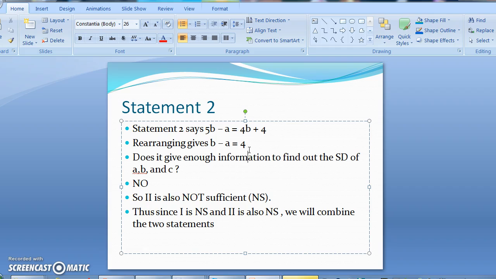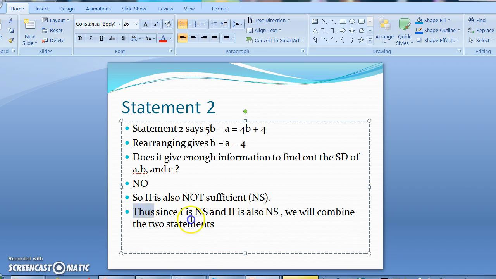But again, this statement 2 alone does not give us any information about how c is placed with respect to a and b. And hence we do not get an idea of the standard deviation of a, b and c. Answer is no, we do not get any information. So 2 is also not sufficient to answer the question, because we can't compare the standard deviation of a, b and c with the required 3 numbers.